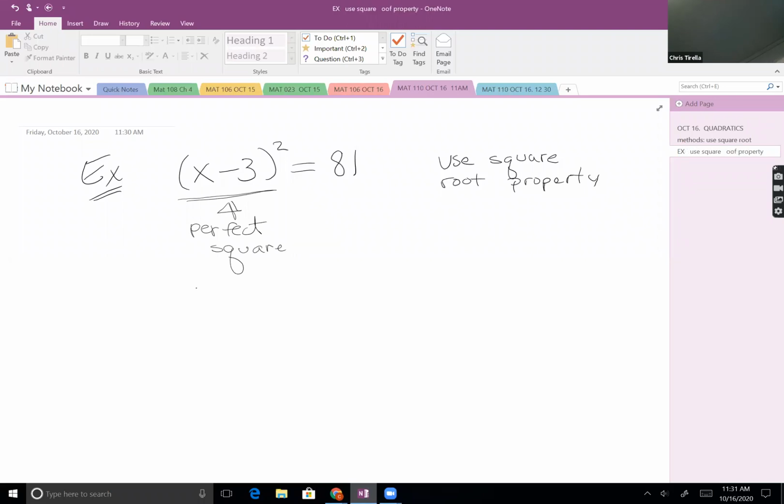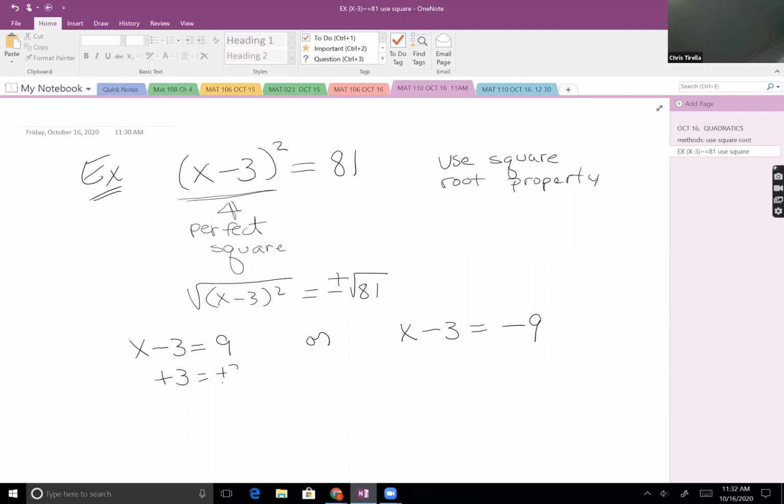So when I go ahead and take the root of each side, I get x minus 3 equals 9, or x minus 3 equals negative 9. And now I can solve for x by adding 3 to both sides.